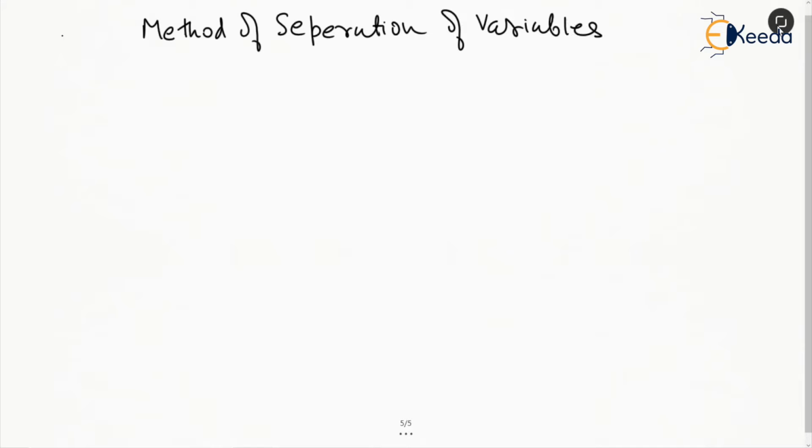So it is the method of separation of variables.